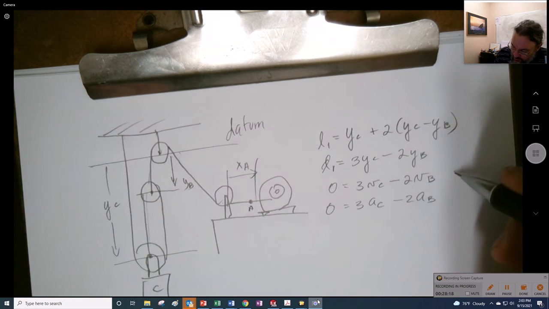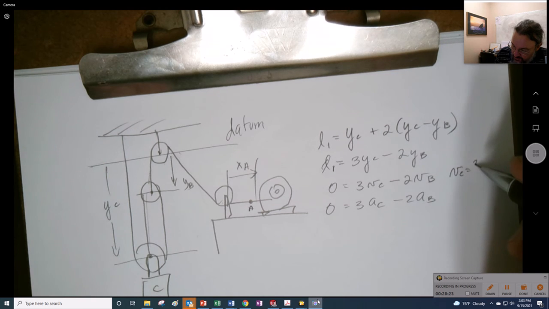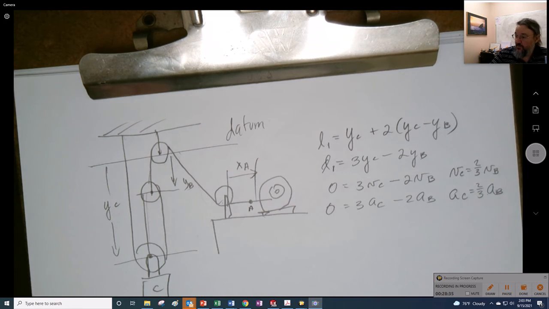And we might want to notice that VC is equal to 2/3 VB. Same thing with the acceleration: AC is 2/3 AB.